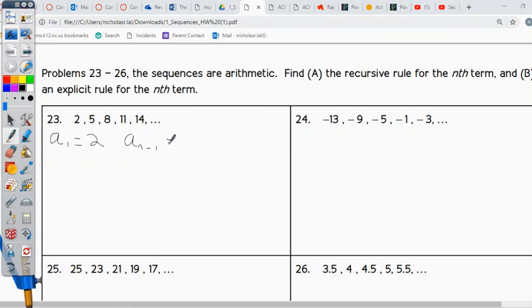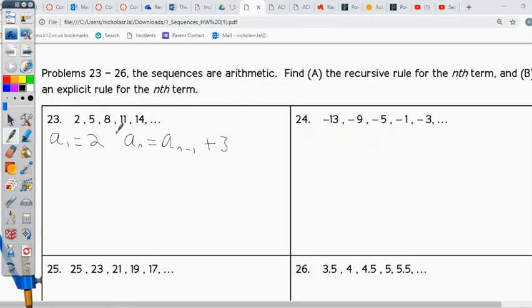So for the recursive rule, AN would be equal to AN minus 1 plus 3. Each term is equal to the previous term plus 3. This is the recursive rule, right? You're just talking about how each term is related to the term before it.